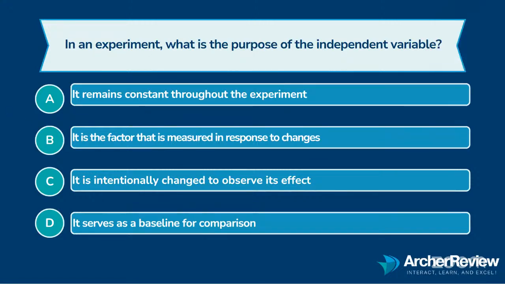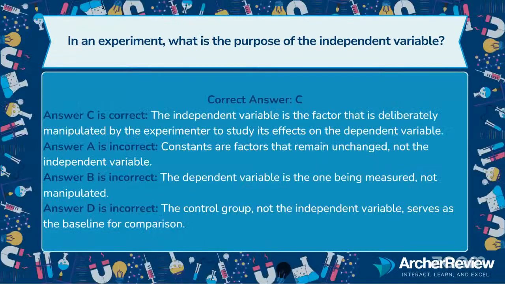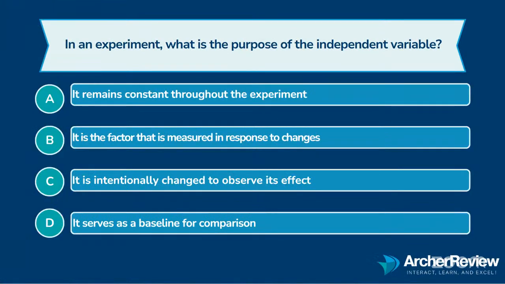Okay, are we ready to reveal our response? The correct answer is C. That's what's being deliberately manipulated. So let's take a look. It's intentionally changed to observe its effect.